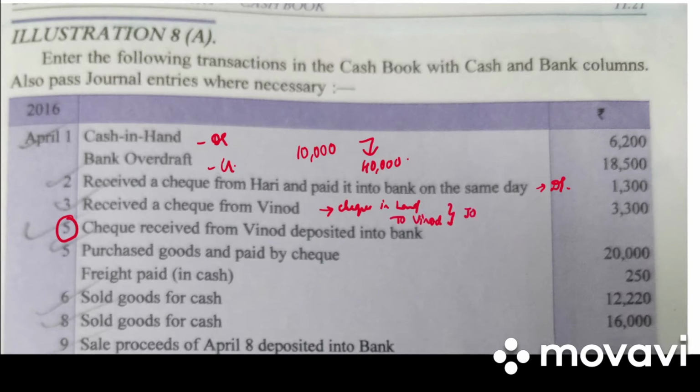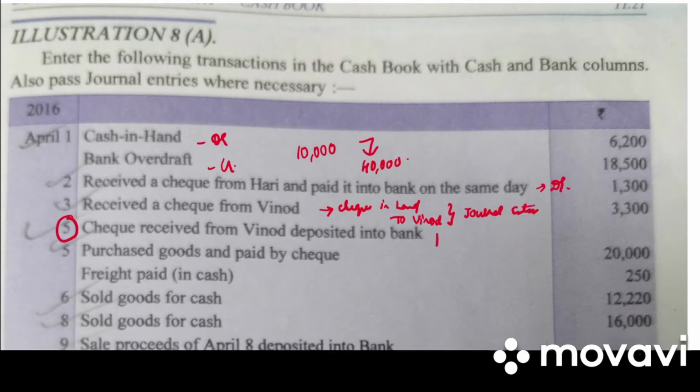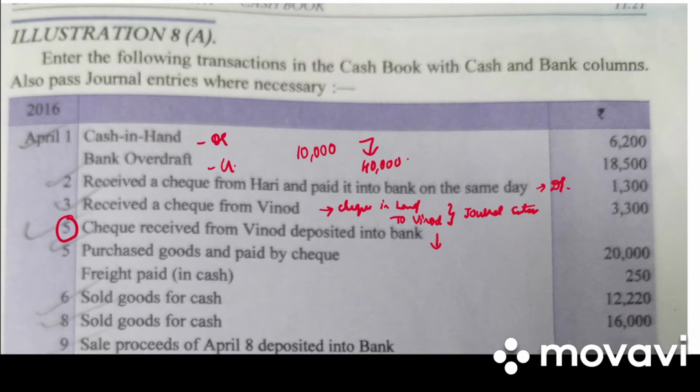This will be written in journal entries. And then on 5th April it is check received from Vinod deposited into bank. So on 5th April we deposited that check into bank. So it will be bank account to check in hand.